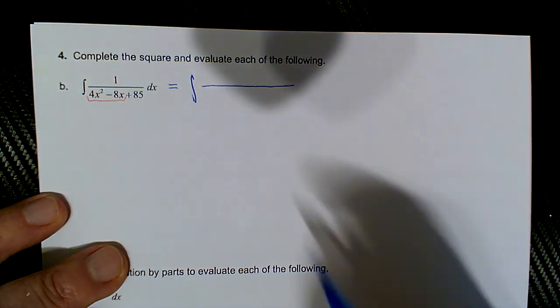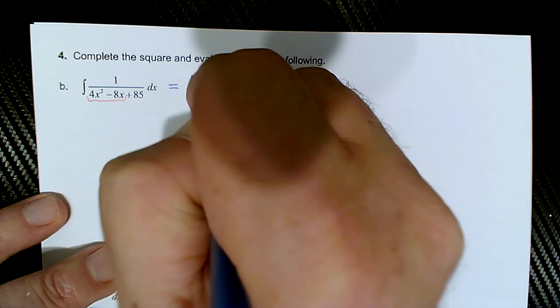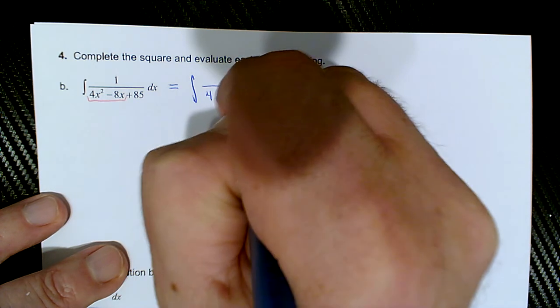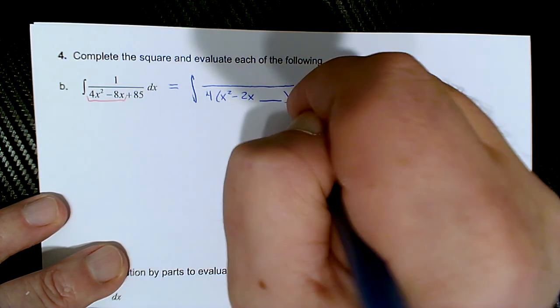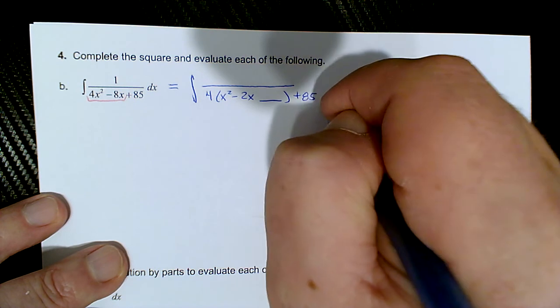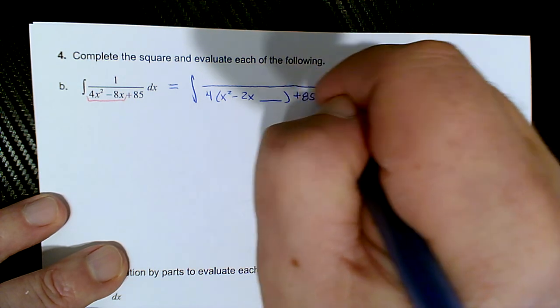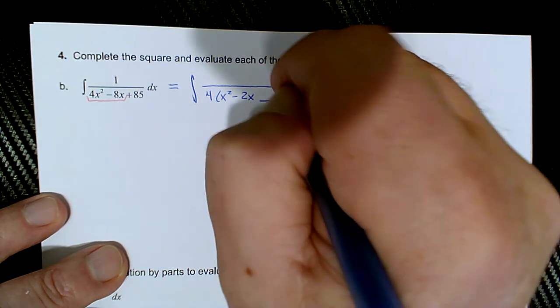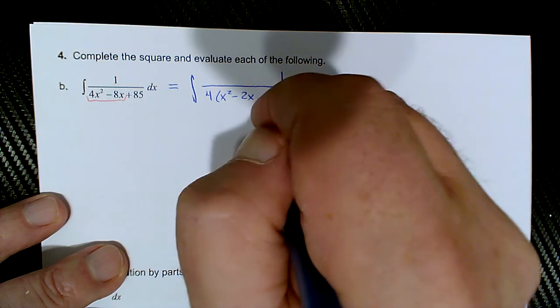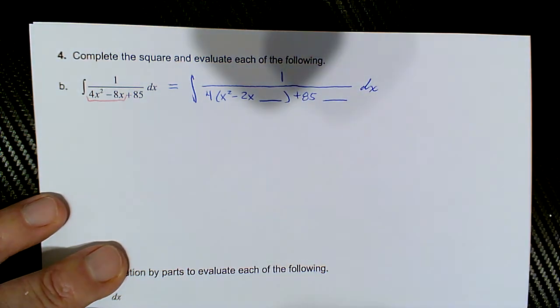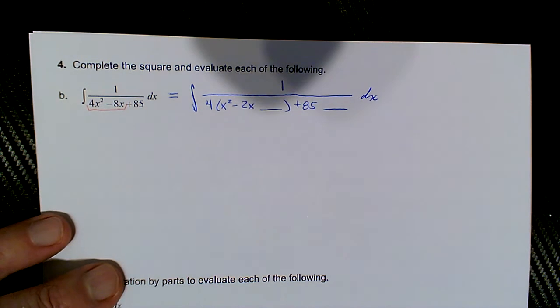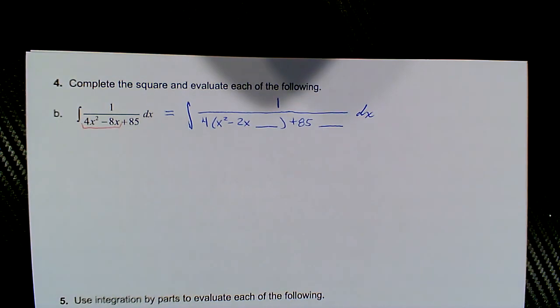And we're going to factor a 4. We'd be left with x squared minus 2x. And leave a little space, close up the parentheses, push the plus 85 off to the side, go so far as to leave another space to bookkeep, and compensate for whatever we do inside the parentheses to complete the square, and then we have 1 over all of that with respect to x. So that's the initial setup.